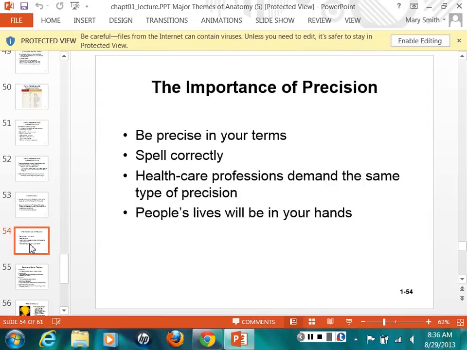Healthcare professions demand the same type of work decisions. So, because people's lives, you really have to be very, I guess the word I'm going to use is perfection, to strive for perfection, and really pay attention to details, because I do.